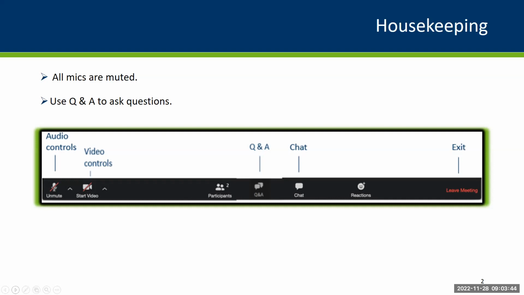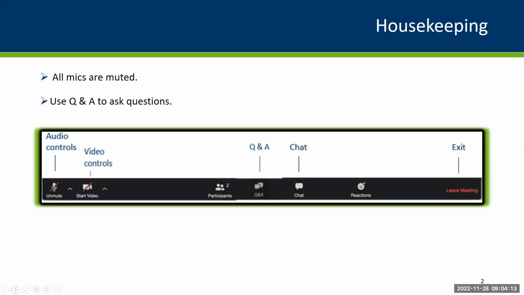The slide on your screen is an image of Zoom's control panel. The bottom row of the application is where you'll complete most of the tasks that you'll need for today. We'll explain the functions of each button, starting on the far left side. To join audio or unmute, this button allows you to join the conference audio, and once you're connected, allows you to mute and unmute yourself.